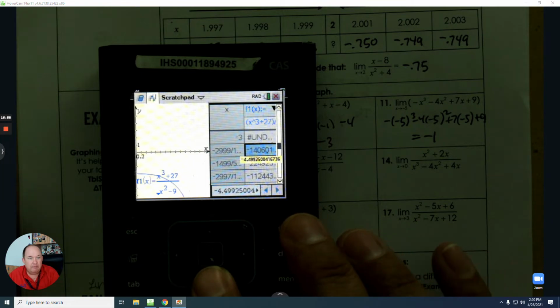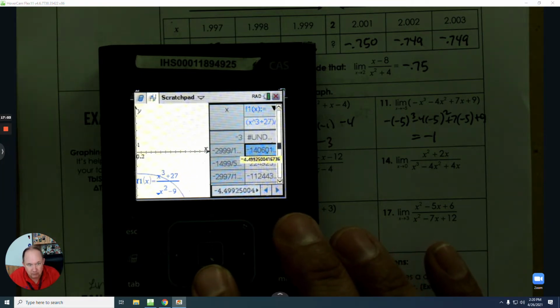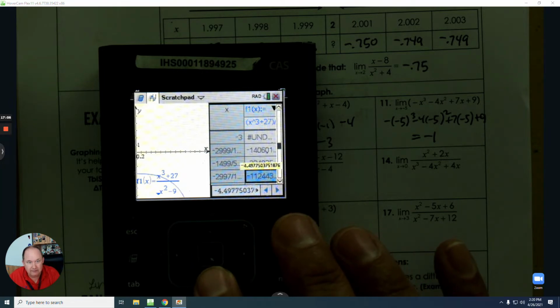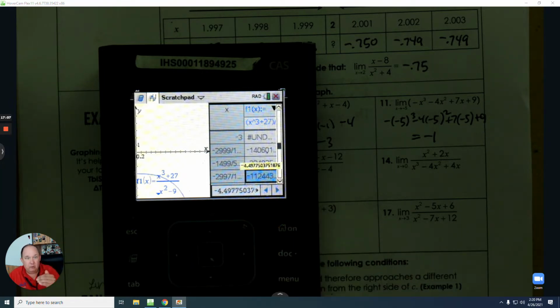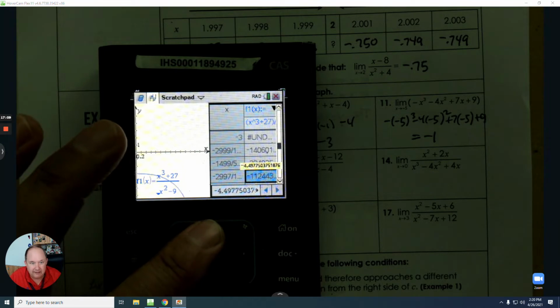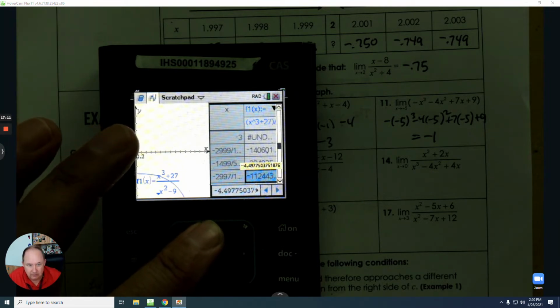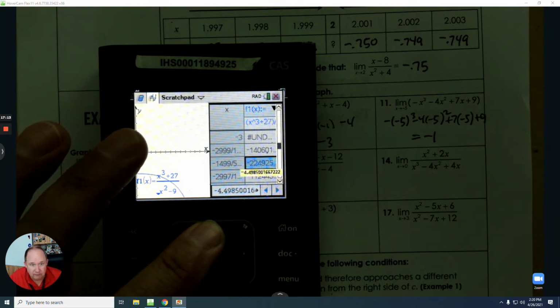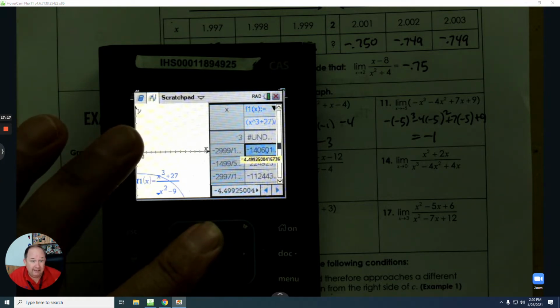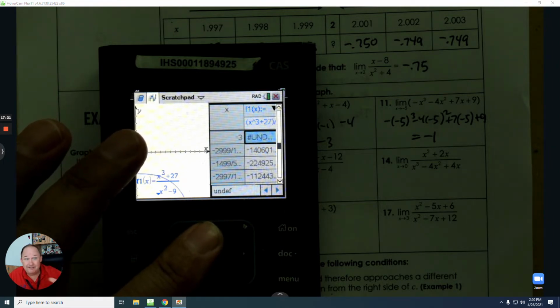So if I look before, look at the values there, -4.49, -4.49. In fact, it rounds to -4.5 and -4.5. It's getting closer to that answer. Then once I get there, it's undefined.